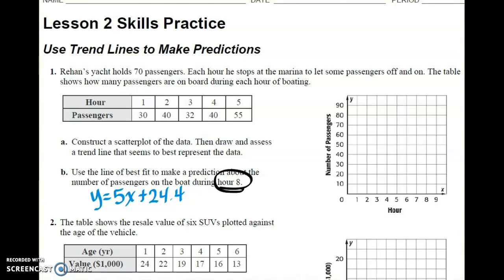So if I want to know in hour 8, I would write y equals 5 times 8 plus 24.4. 5 times 8 is 40, plus 24.4 would be 64.4, which is pretty darn close to the estimate that I got using my hand graph, which was about 65.